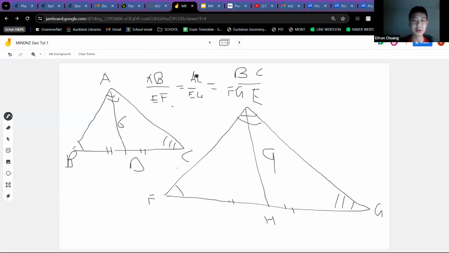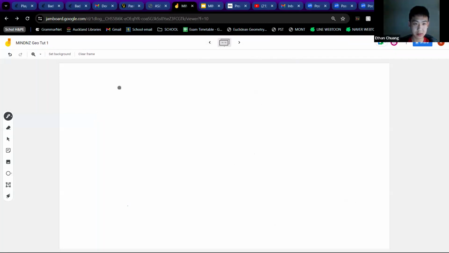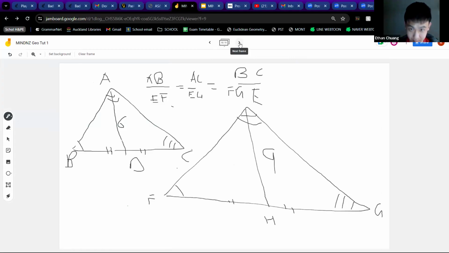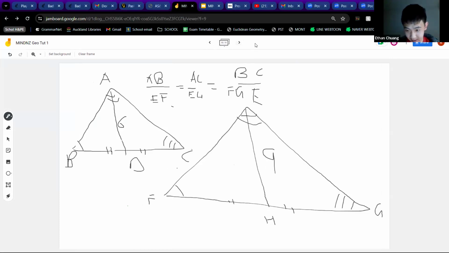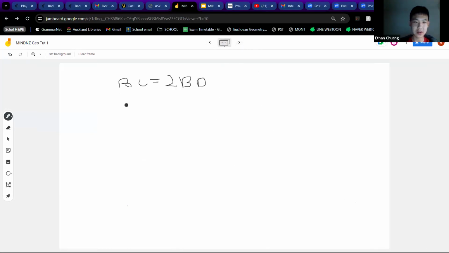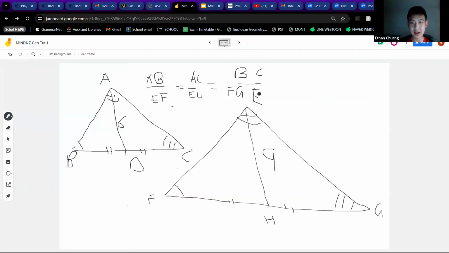I'll just start this on a new slide. BC equals 2BD. And then we also know that FG equals 2FH. And then you can sub that in here. 2BD over 2FH. So that cancels, right? Everyone following along so far?